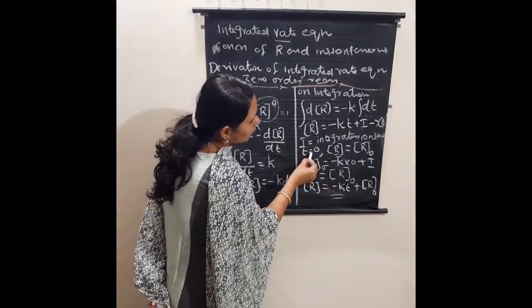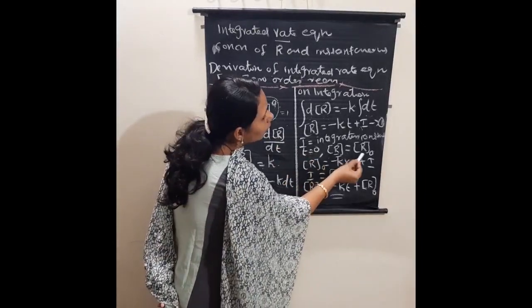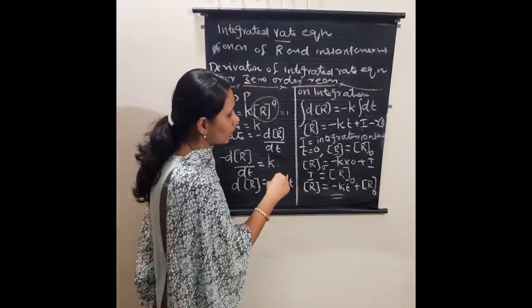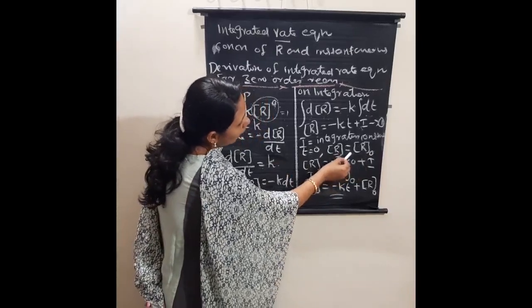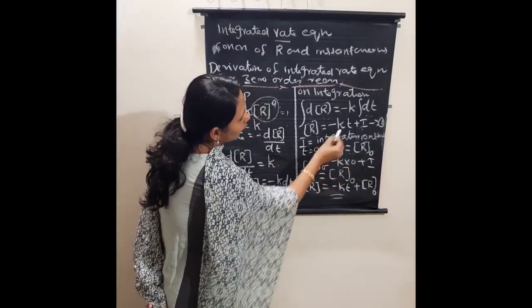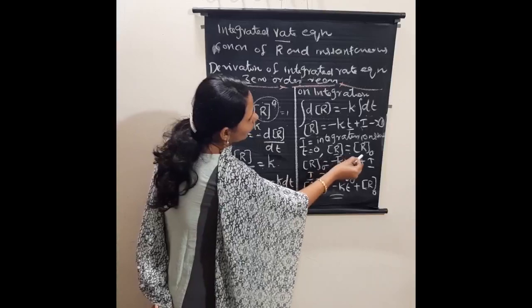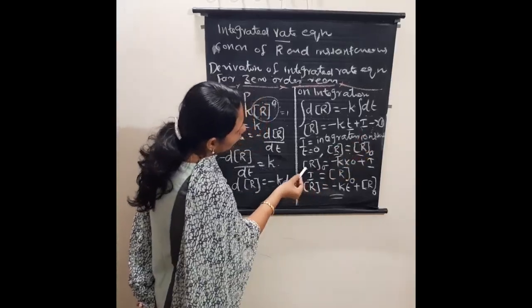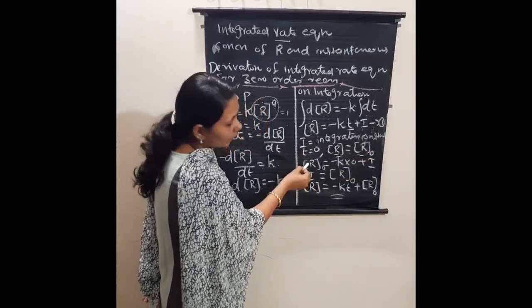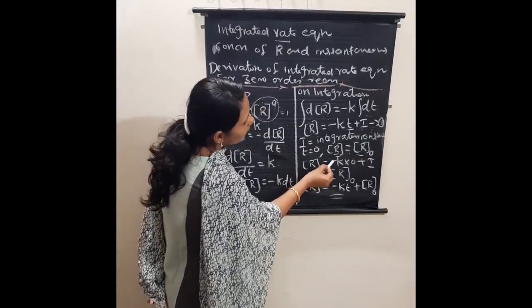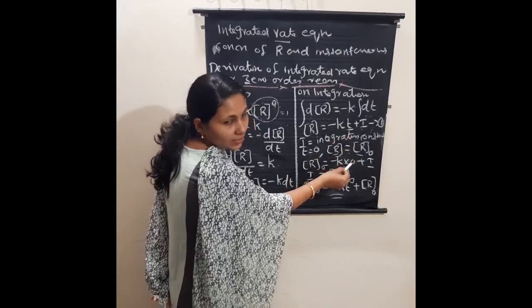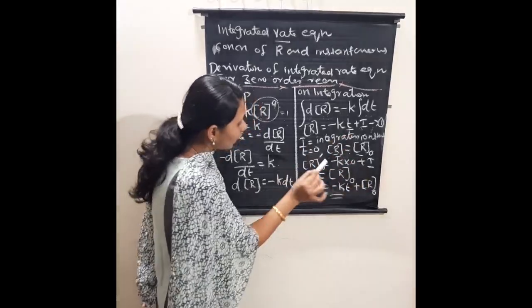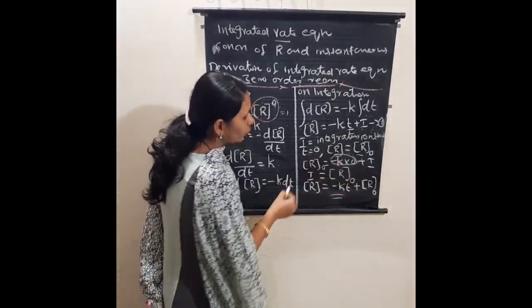Then substitute t equal to 0 and R equal to R0 in equation 1. We get R0 equals minus K into 0, plus I. We know this term becomes equal to 0.